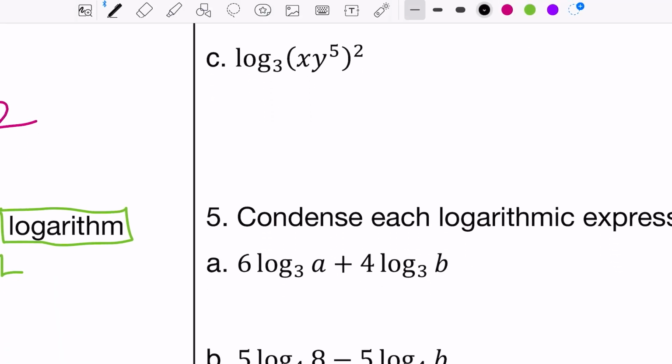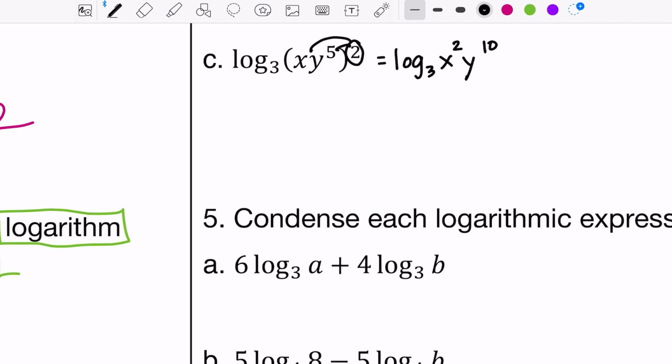Moving on to that last one, we do have that power outside right here. So I'm going to shower the power. So that's going to give me log base 3 of x squared and y to the 10th. Keep in mind, guys, that if you're having trouble deciding if that should be a 7 or a 10, then I would just suggest using the definition of being squared, which means writing it twice, and then you can see 5 and 5 makes 10. Okay, so you don't have to do that step unless you can't remember the properties of exponents.